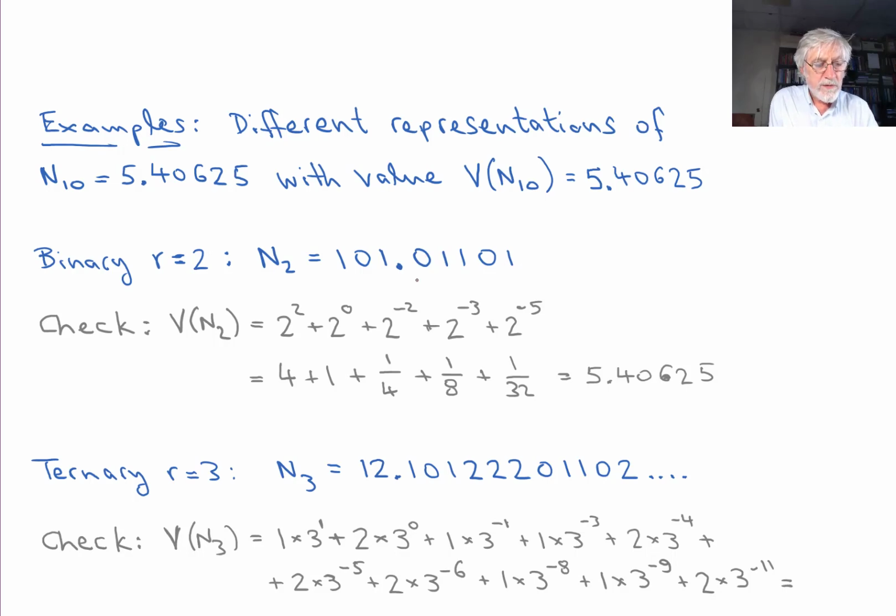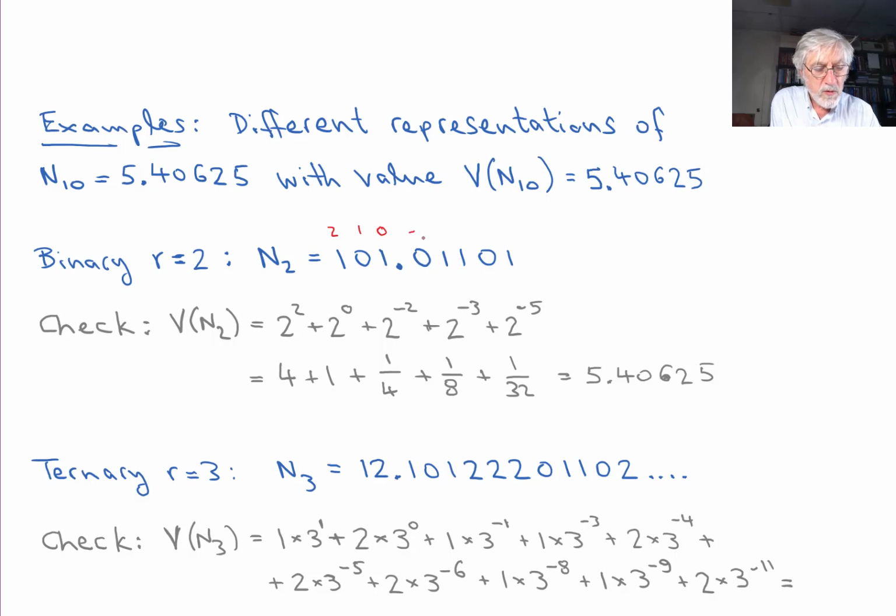And we can verify that that is true by looking here at the exponents, especially at the exponents of those digits that are 1. So we have an exponent of 0 here, an exponent of 1 and 2. So we have 2 to the 2, then no 2 to the 1, but the next is 2 to the 0. And then we go to the right of the radix point.